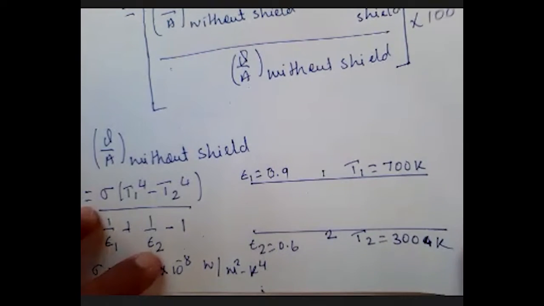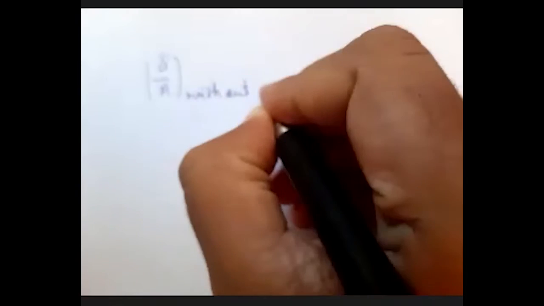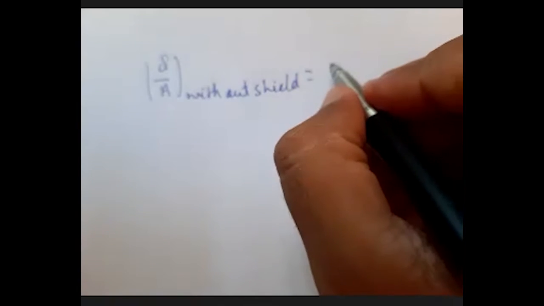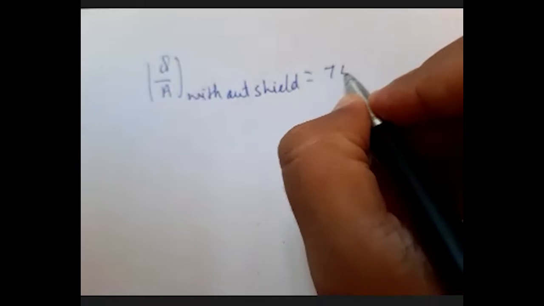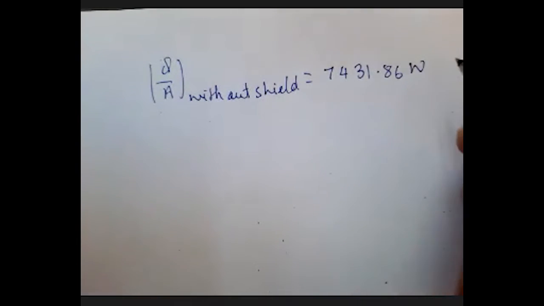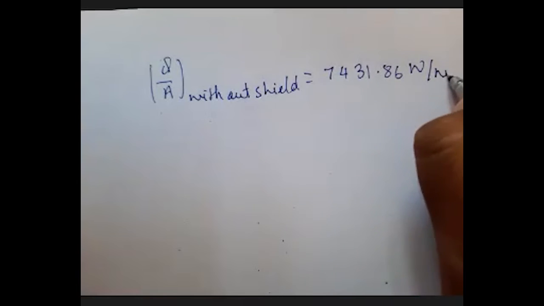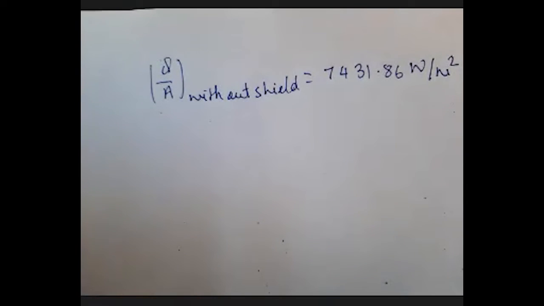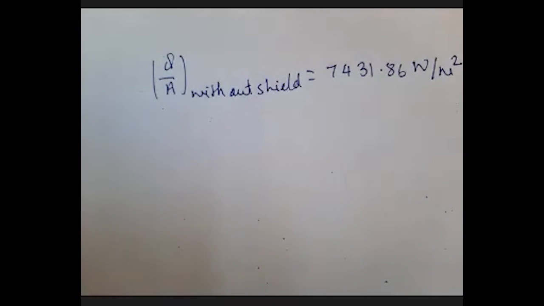So when I substitute all the values, the answer comes around, Q by A without shield, 7,431.86 watt per meter square.